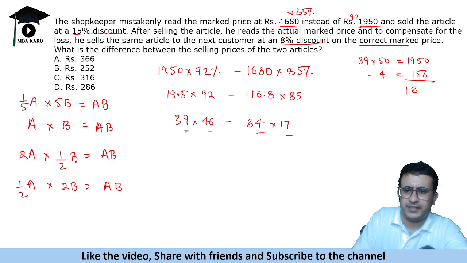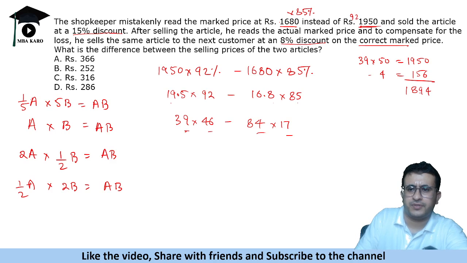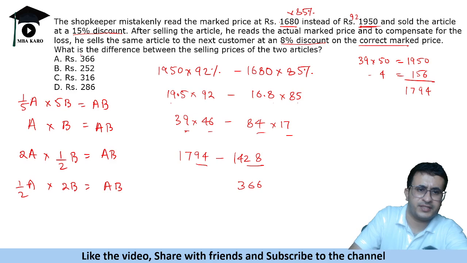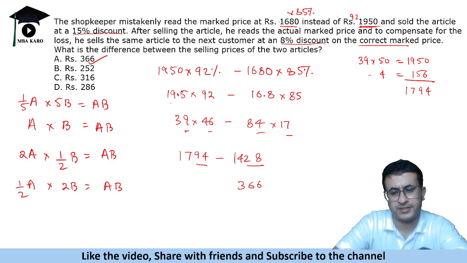So this is 1794. Minus 84 into 17, that is 1428. Just do these two digit subtractions, you get 366. So that is the answer to this question.